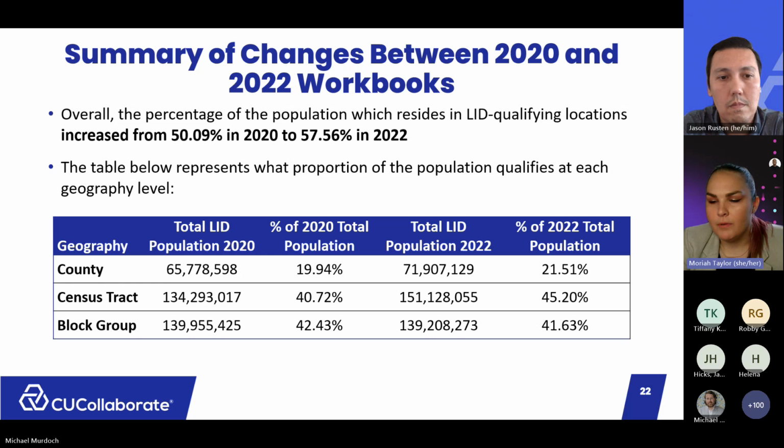Overall, the percentage of the population which resides in LID qualifying locations has increased from 50.09% in 2020 to 57.56% in 2022, which is a pretty large difference. The table shown here represents what proportion of the population qualifies at each geography level.